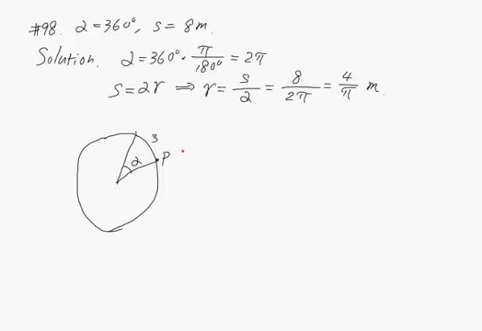So now P travels s distance in the time t, then the linear velocity v should be equal to this traveled distance divided by the time used. So this v is the linear velocity of this point.